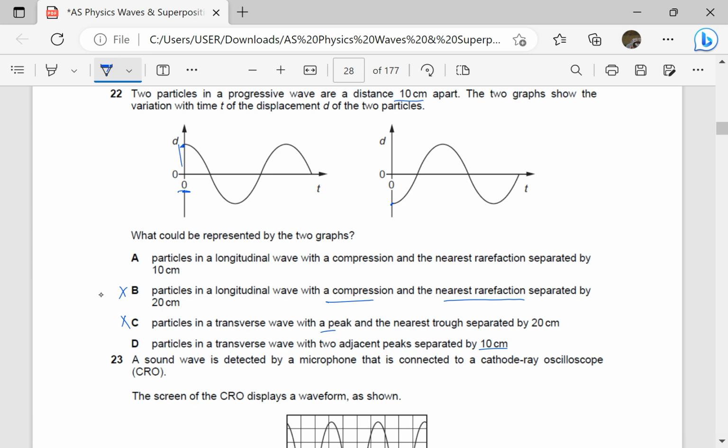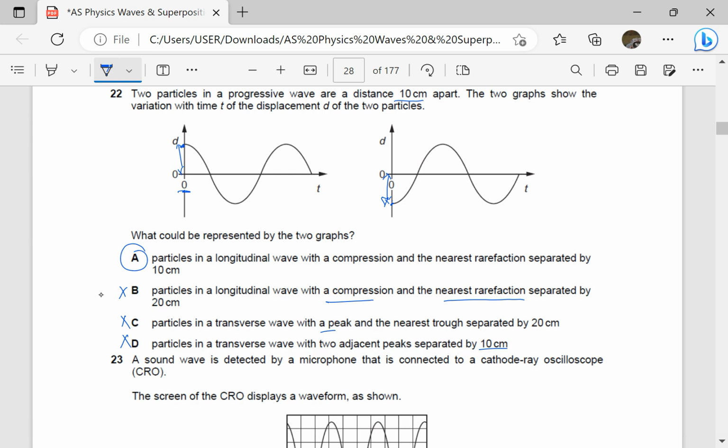I think the displacement here is almost the same as this one. In a transverse wave, particles at adjacent peaks must be vibrating in the same direction. Yet here it is showing they are not vibrating in the same direction. So this one is also not true.